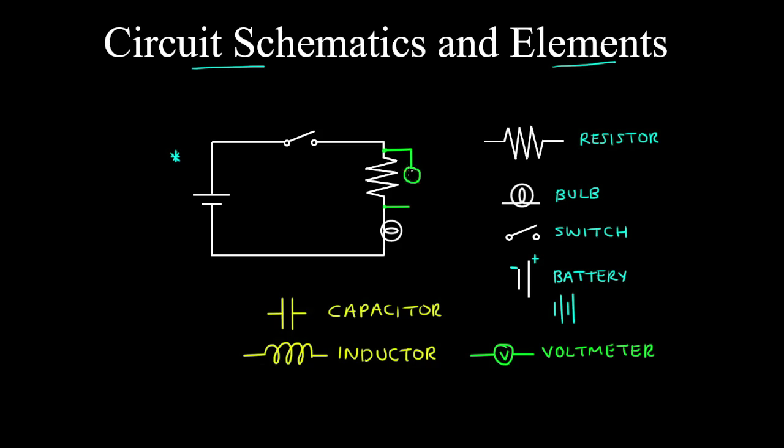So you typically connect it in parallel. And an ammeter is used to measure the current in a circuit. So that's represented with a circle and an A. So to measure the current in a circuit, you'd connect the ammeter in series.